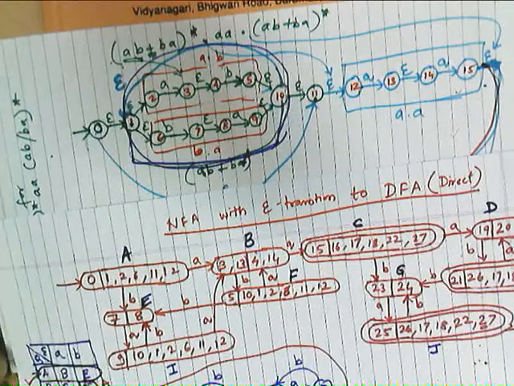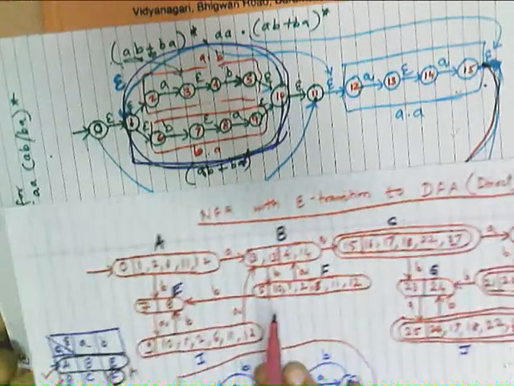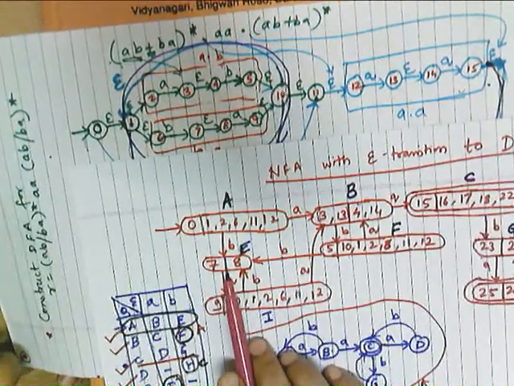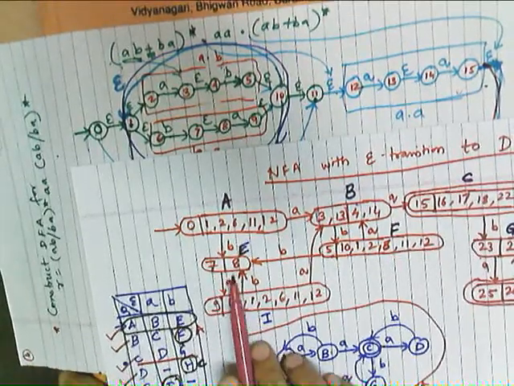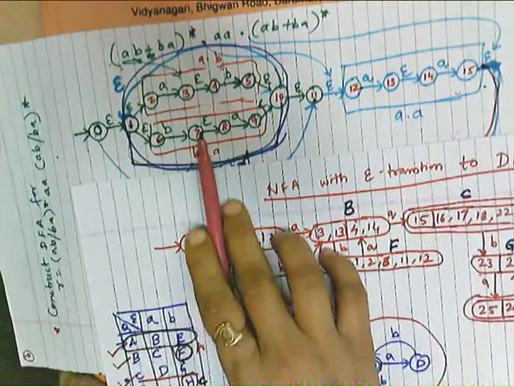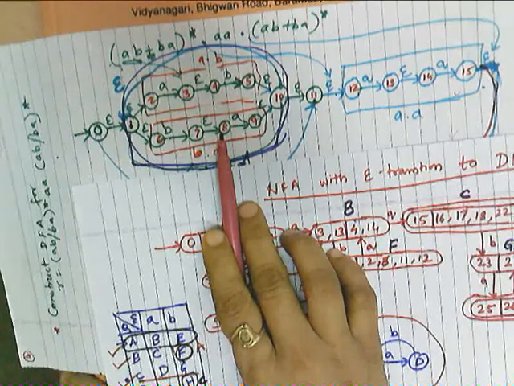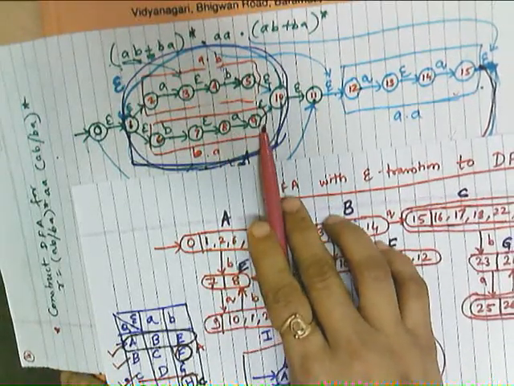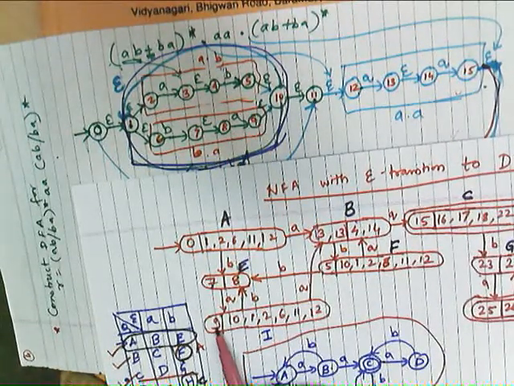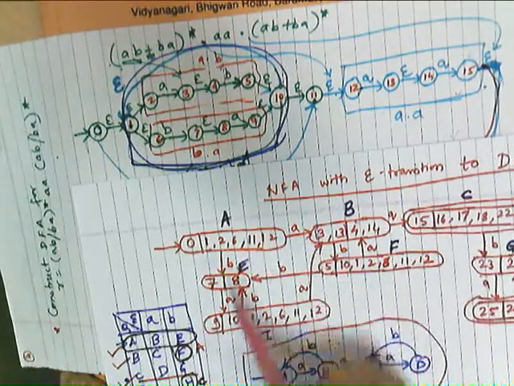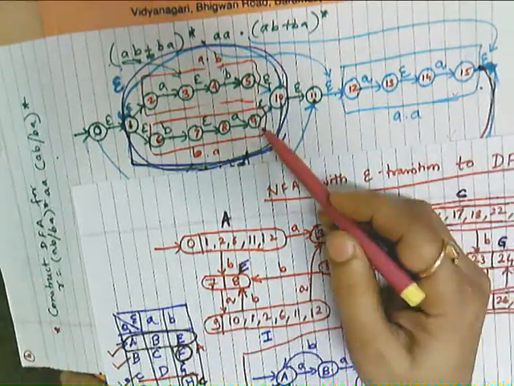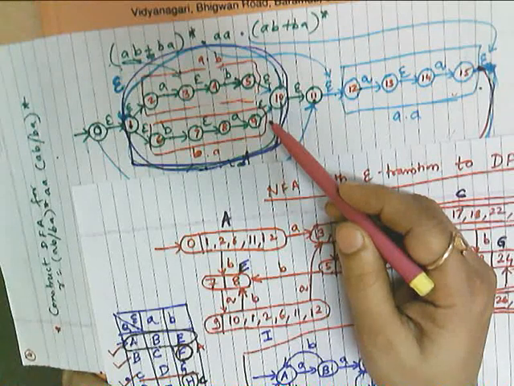Next is the turn of this state. So here we can see, 7 on A moves nowhere, then 8 on A moves to, yes, state 9. Okay, so this 9th state is generated. Again we have to find out the epsilon closure for this.